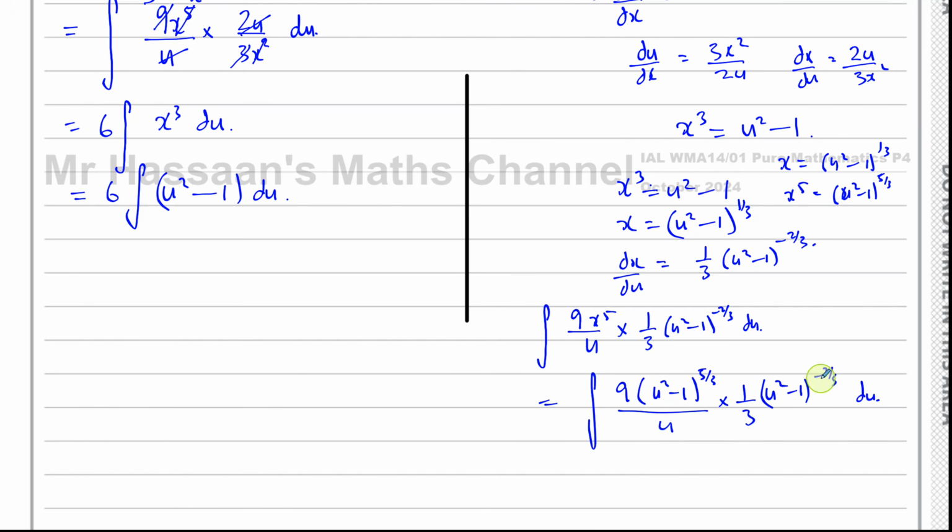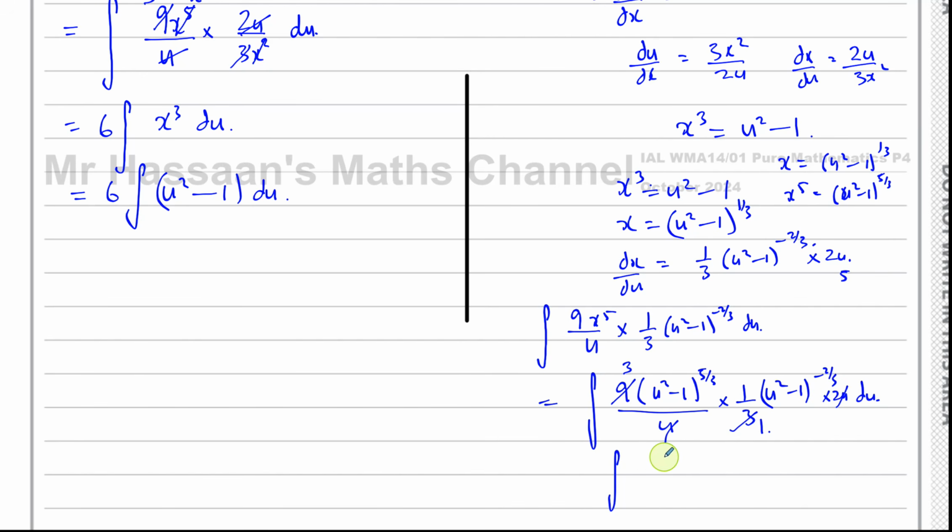And then when you add these two powers together, you get 5 over 3 plus 2 over 3, which is going to give you 3 over 3, which is 1. So you end up with the 3 cancelled with a 9, leaving you with a 3 here and a 1 here. And this gives you, times 2u. Forgot about the times 2u.